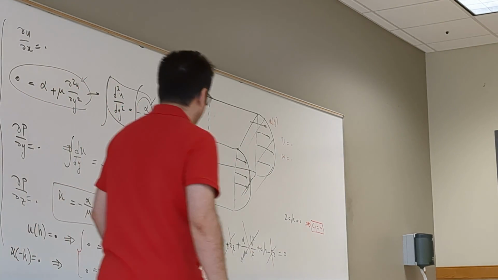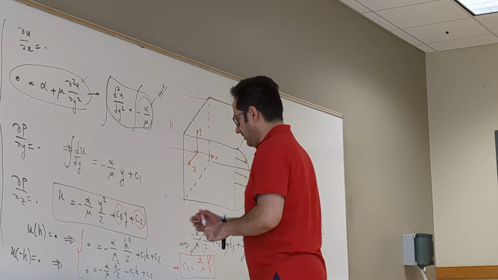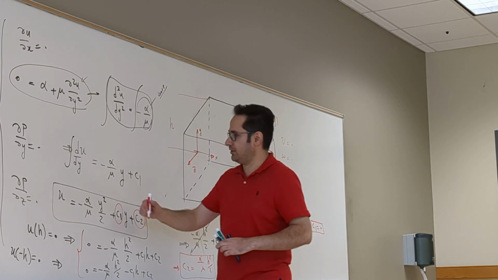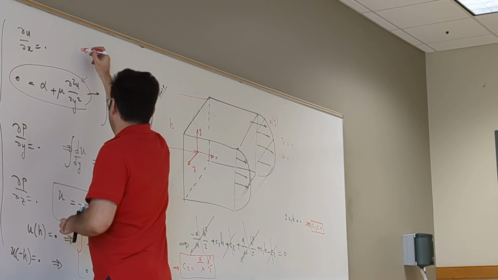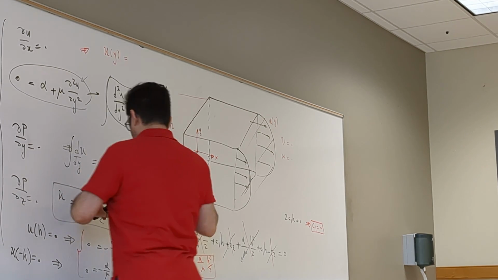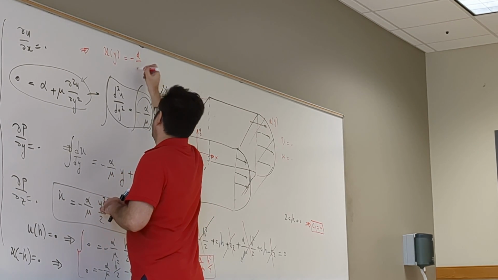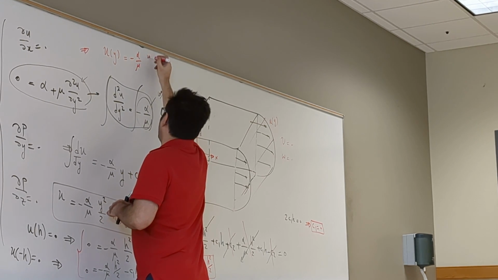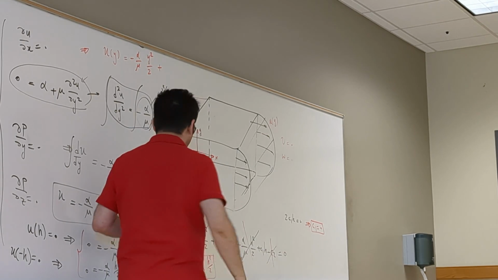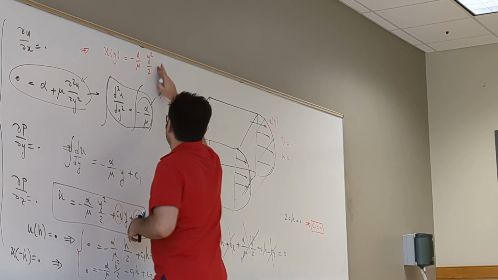So the end result is the same equation, but we already found values for C1 and C2. So I'm going to replace it. Plug in the equation, your end result is u of y is equal to negative alpha over mu y squared over 2 plus C1. C1 is what? 0, so I don't write it.